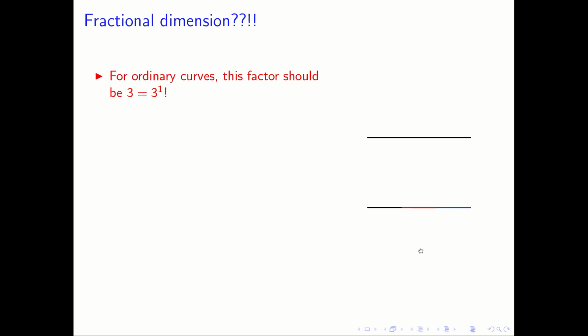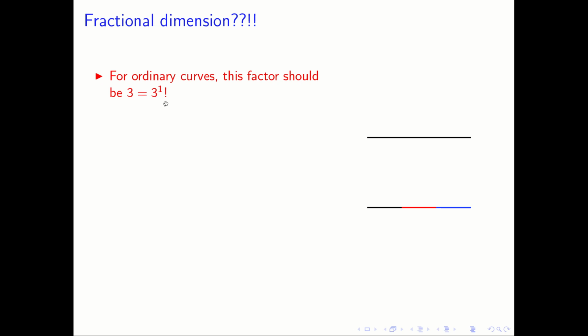For ordinary curves, this factor, the number of rulers you need when you cut down the length of your ruler by 3, should be 3, which is just 3 to the power 1. As I said, it may not be 3 at the beginning, but once you make the ruler small enough, it has to be 3. Notice that I have written 3 as 3 to the power 1, and there's a reason for that.